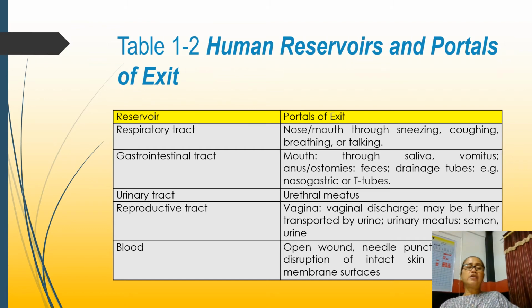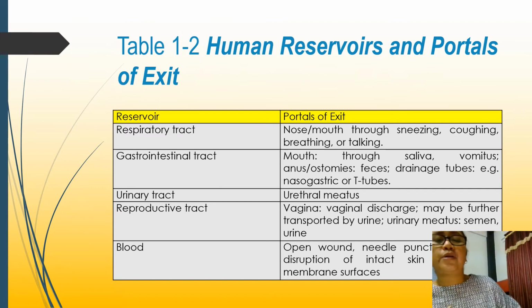Then we also have ostomies. Ostomies mean, for example, the patient has an obstruction in the large intestine, so the large intestine is opened and the feces come out there, particularly on the right side.